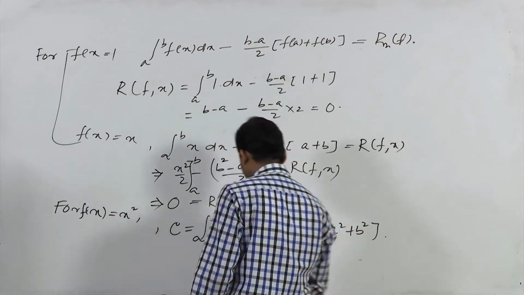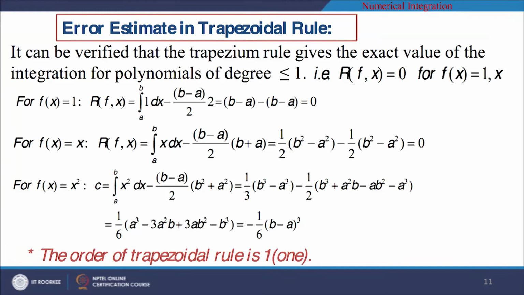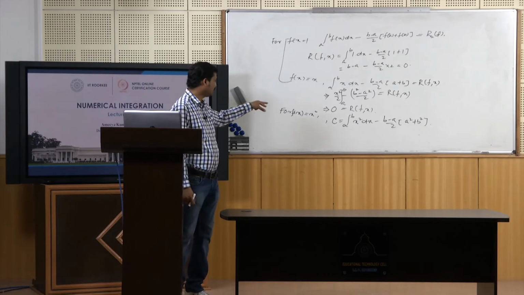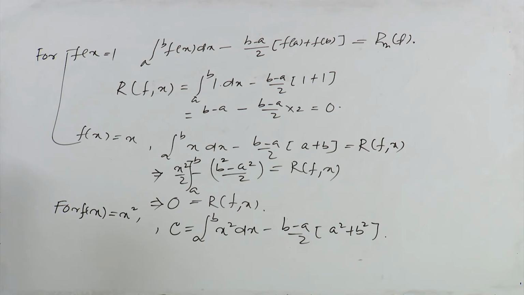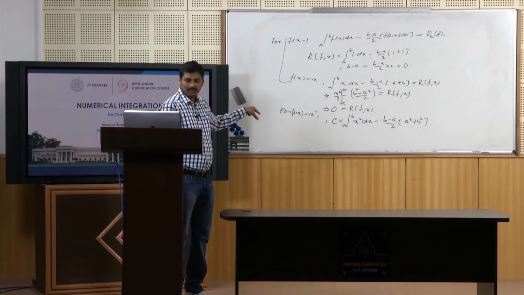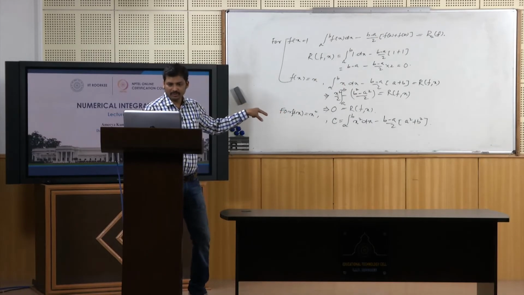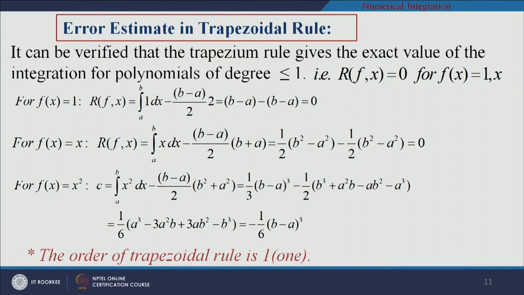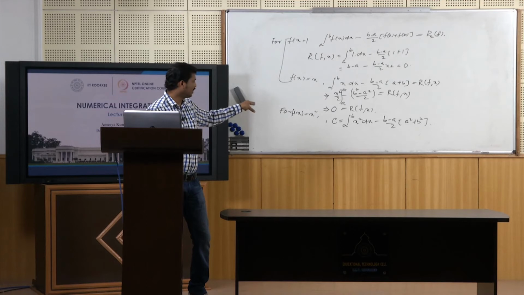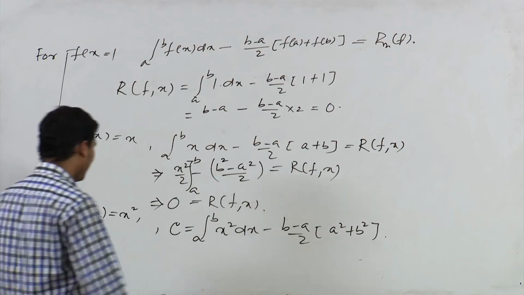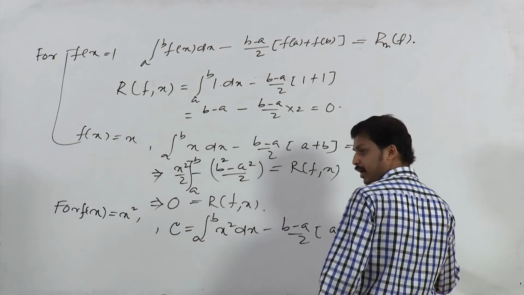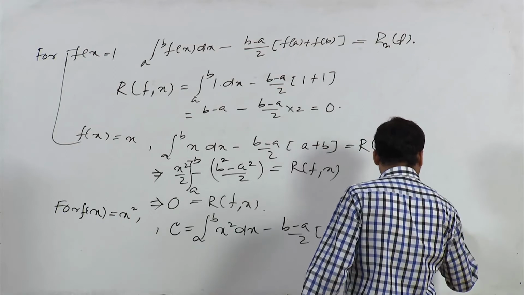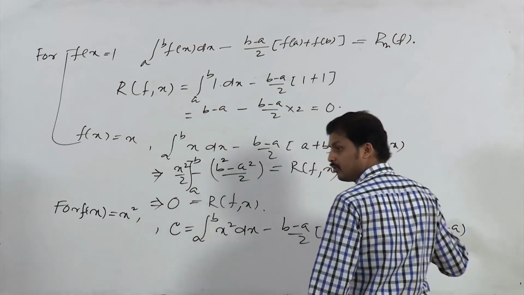Solving, the integral gives x cube by 3, so b cube by 3 minus a cube by 3 first. Putting in all these values and ranges, we obtain the c value as minus 1 by 6 (b minus a) whole cube.